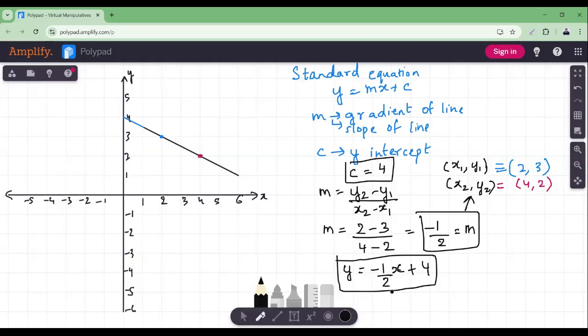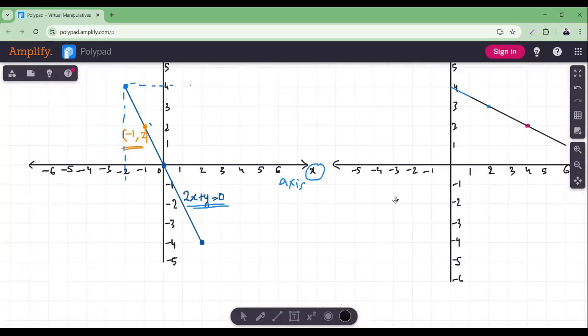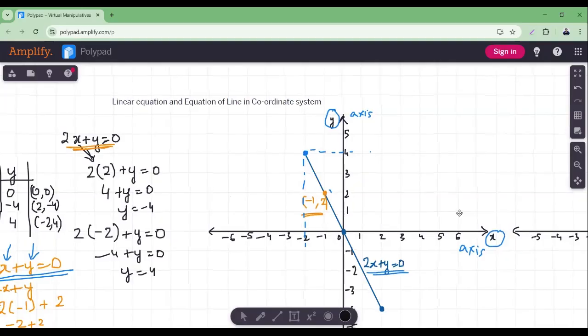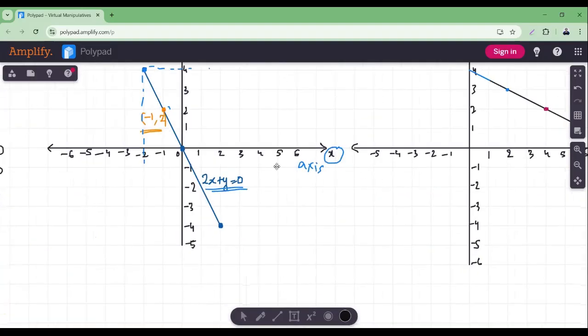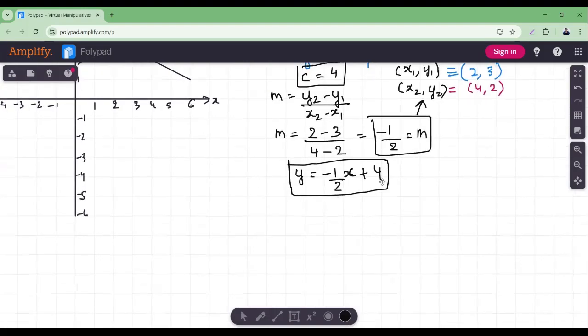We can of course modify this also, replacing it so that only y is on one side. We can simplify it further, to make it look like the earlier equation, 2x plus y is equal to something. This looks like it has a fraction and all those things, but this also is an equation. This is also correct.